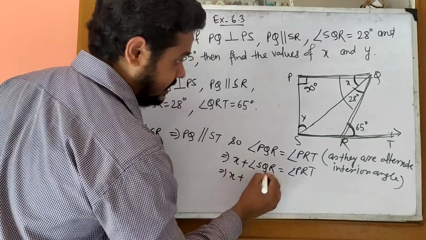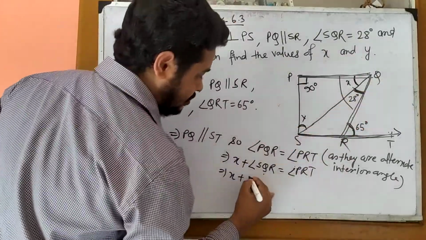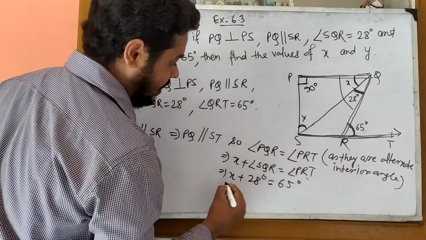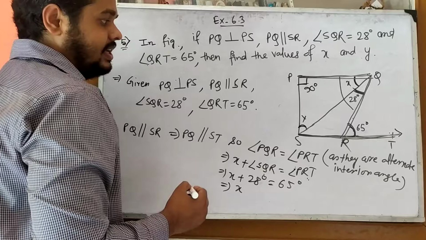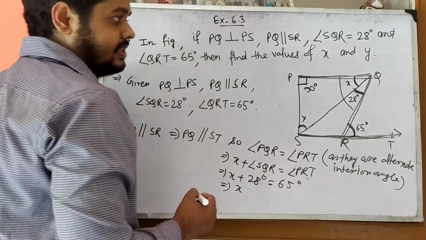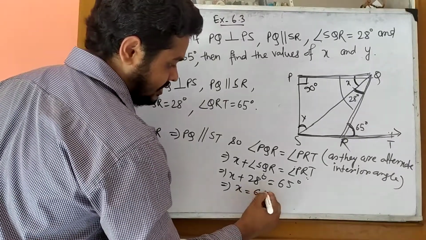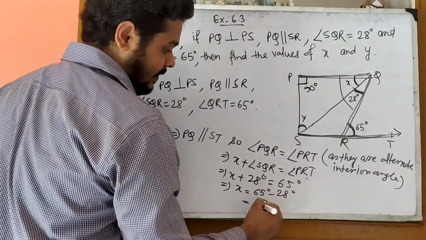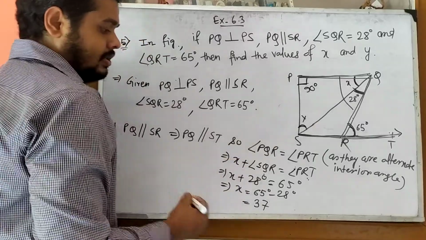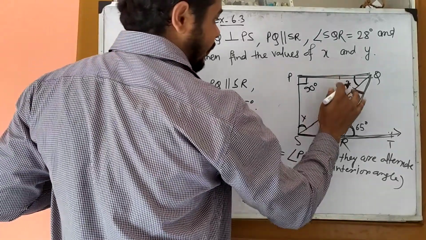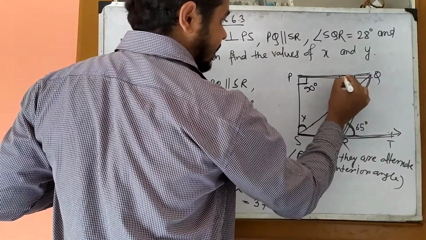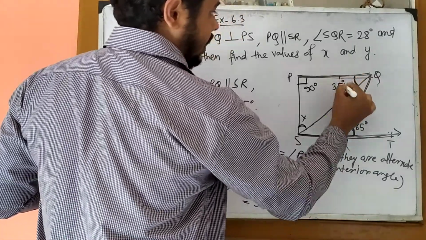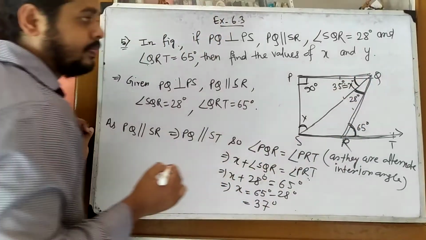Now x plus SQR, which is given as 28 degrees, equals that portion, which is given as 65 degrees. So the value of x is 65 minus 28, so 37 degrees. So the value of x is 37 degrees.